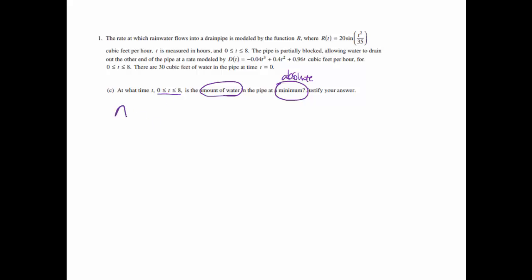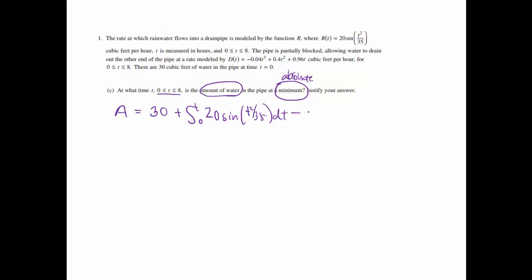Let's write a formula for how much water we have. So the amount of water is going to be, we start with 30. The amount coming in is going to be the integral from 0 to t of 20 sine of t squared over 35 dt.